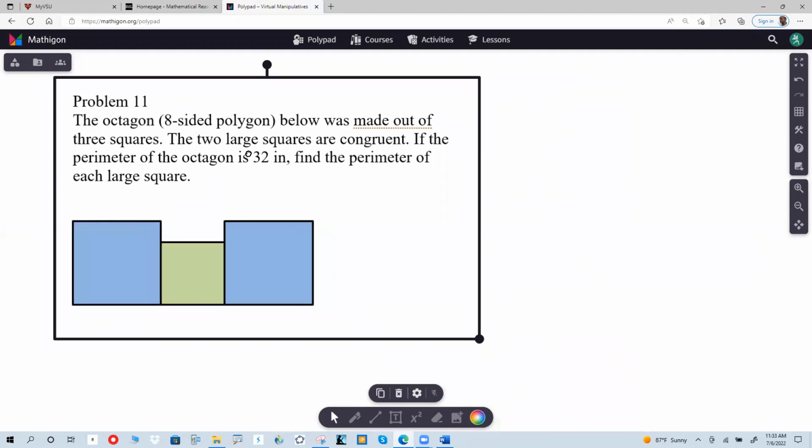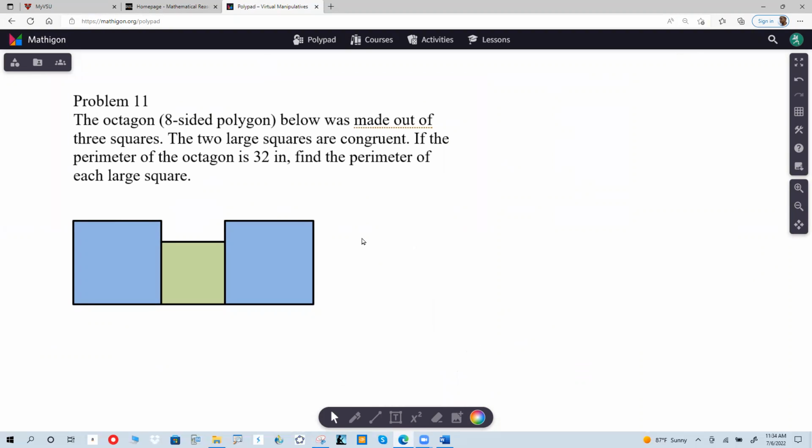All right, guys, let's read the question very carefully. The octagon, this is an octagon. It has 8 sides: 1, 2, 3, 4, 5, 6, 7, 8. So it is an octagon.